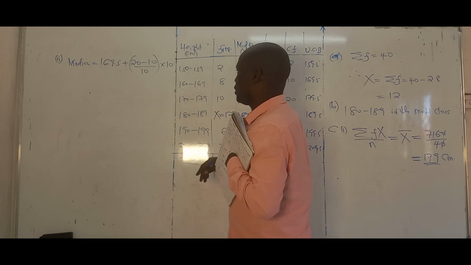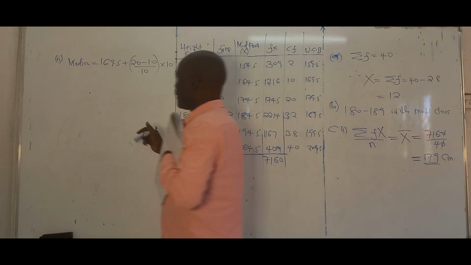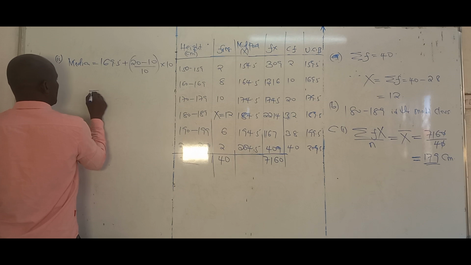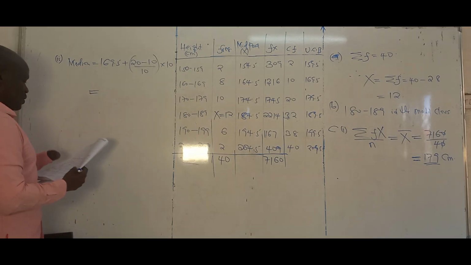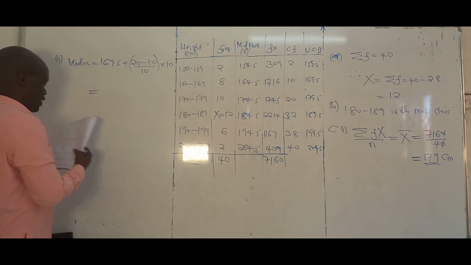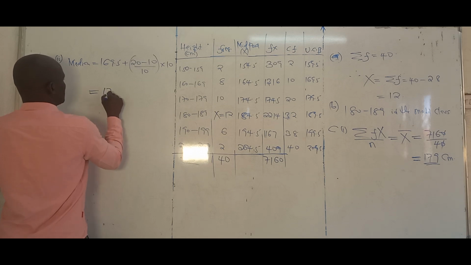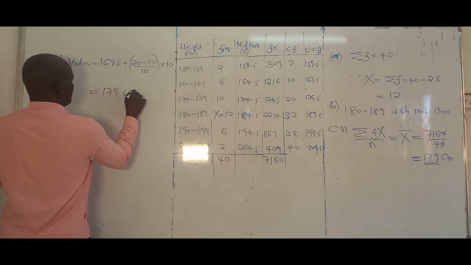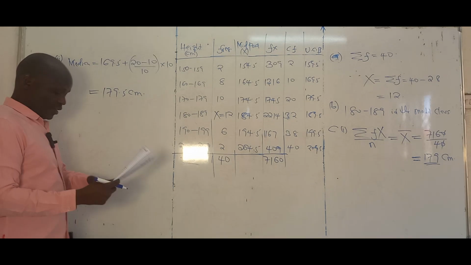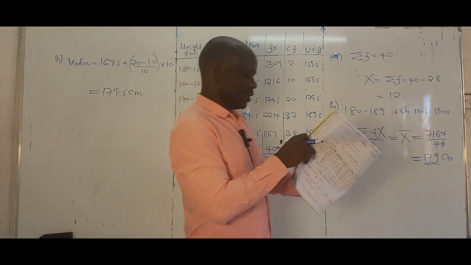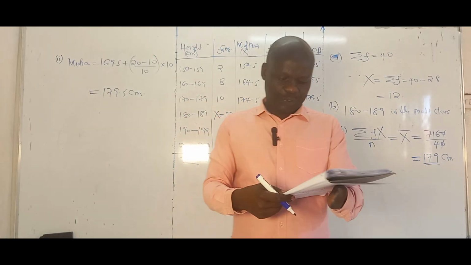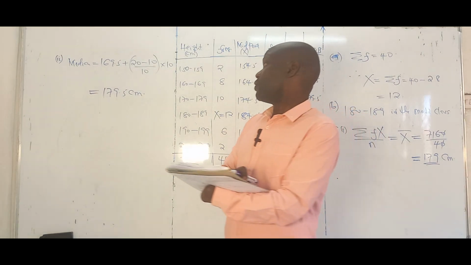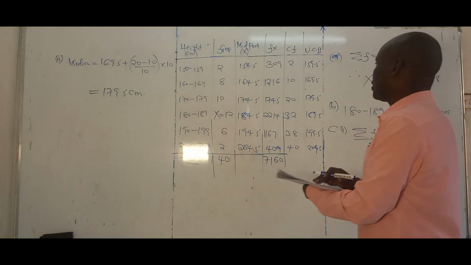It's throughout. If you work that out, the value that you should get is around 179.5 centimeter. So that is what you are expected to do.